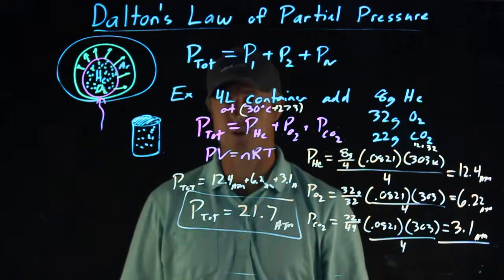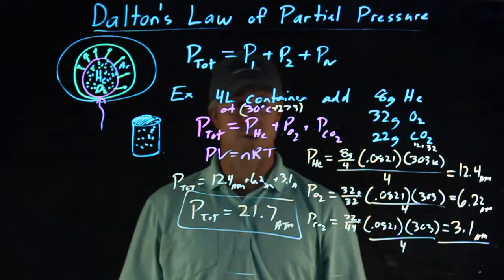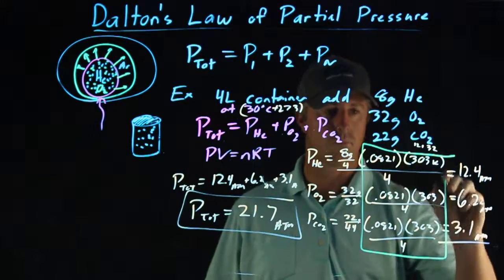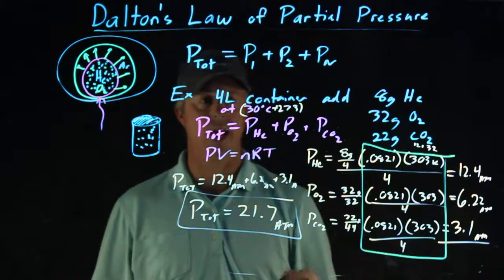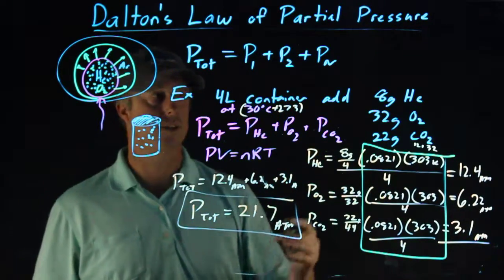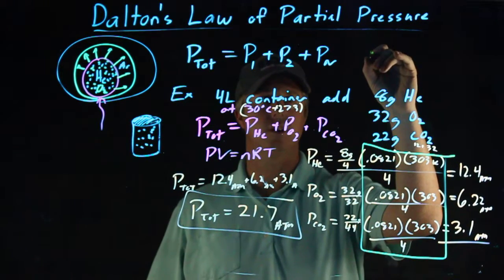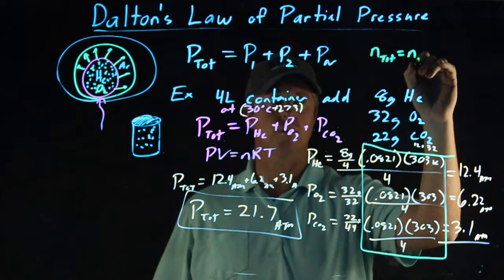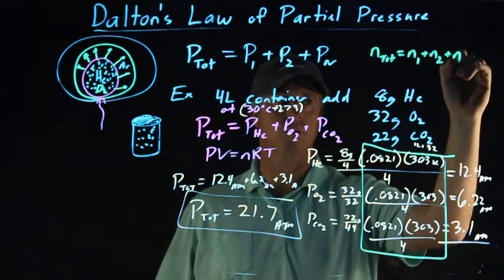Now there's a couple other shortcuts we could do. If you notice, all of this work right here was the same. So I could have actually added all the moles instead of doing pressure. So you could also, for Dalton's law, go moles total is equal to moles of 1 plus moles of 2 plus moles of n.